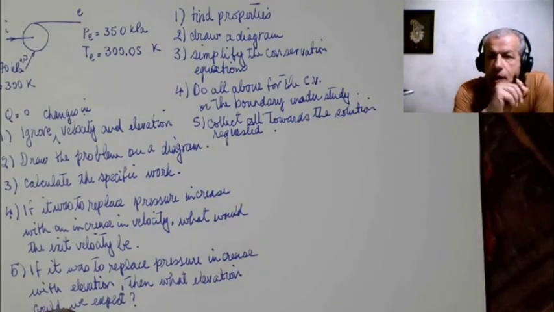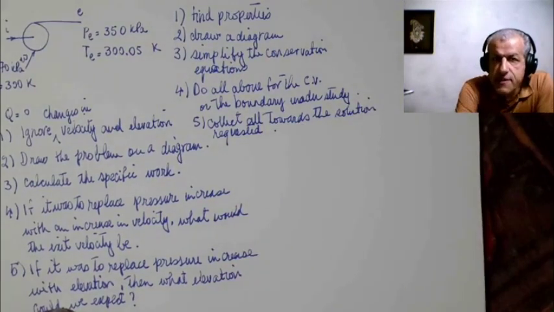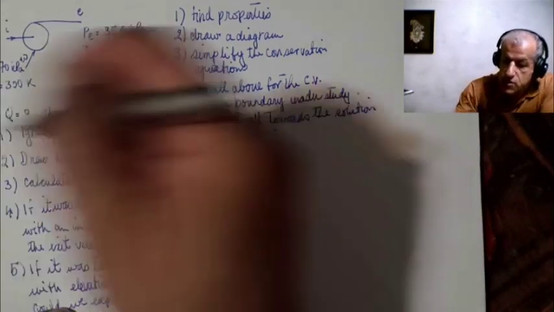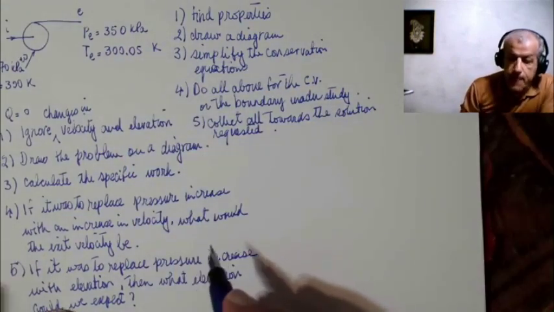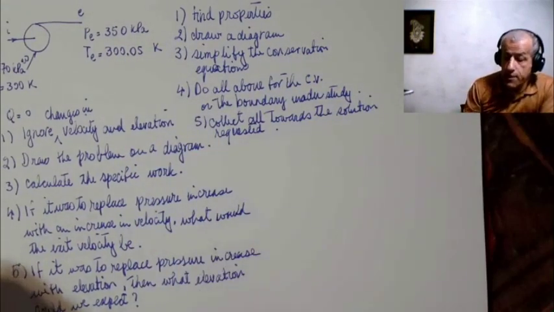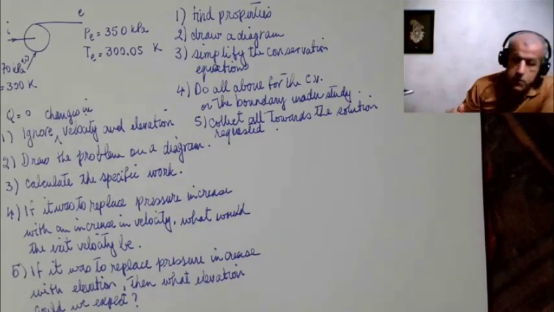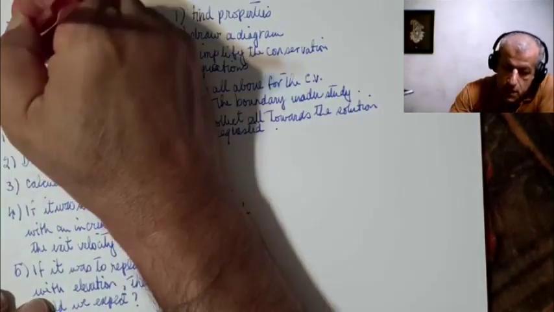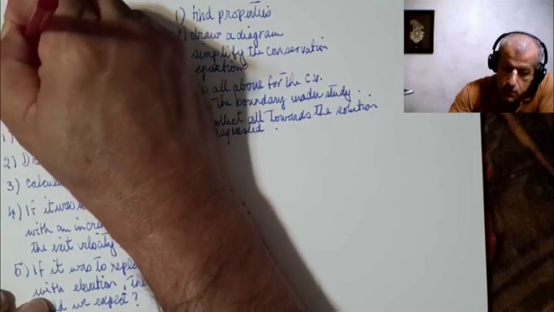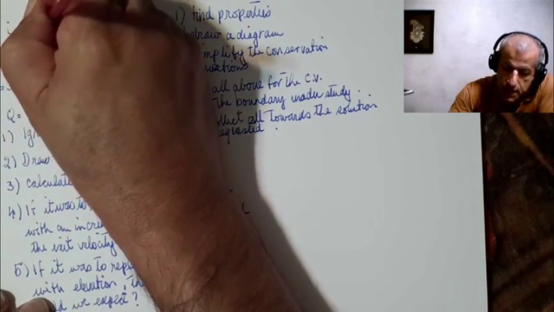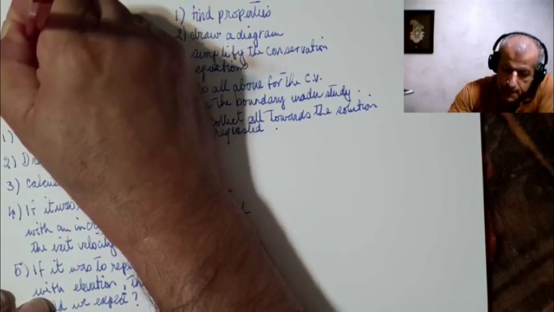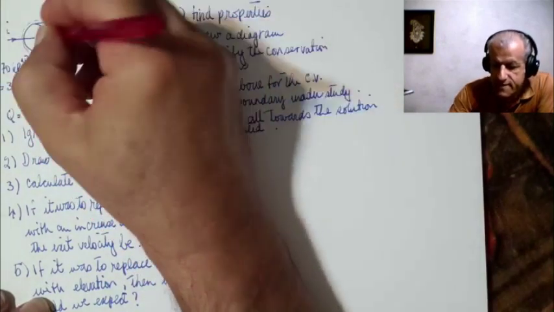So these are the five steps that you have to take to address all these requests of the problem. What I do first is to decide on the control volume, which would be the pump. As simple as that.